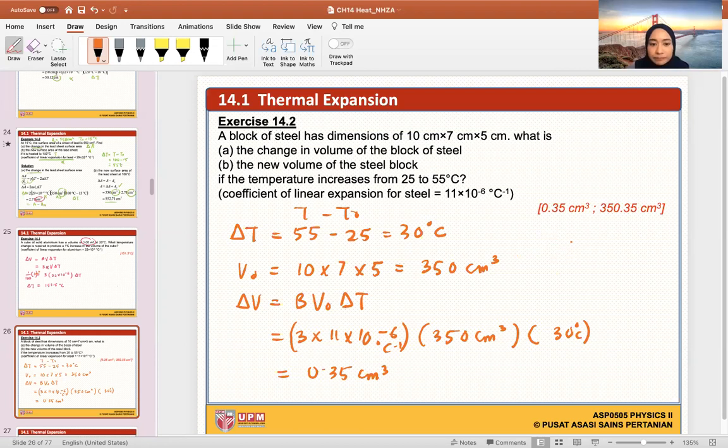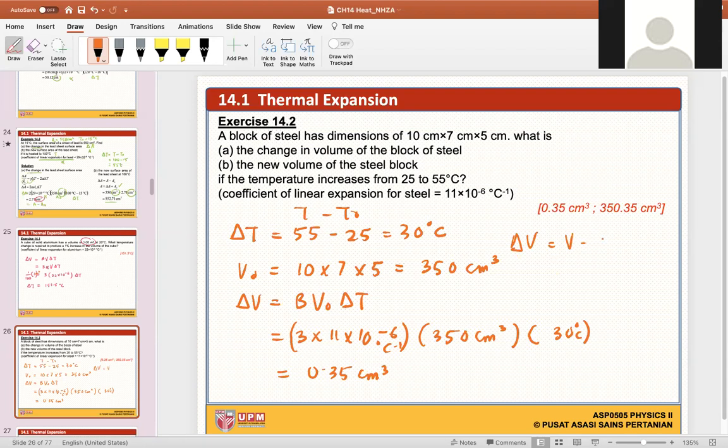Shakira, B. Yang B dia nak new volume. Jadi buat samaan delta V sama dengan V tolak dengan V0.